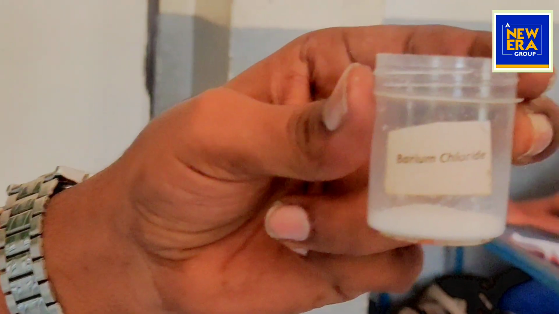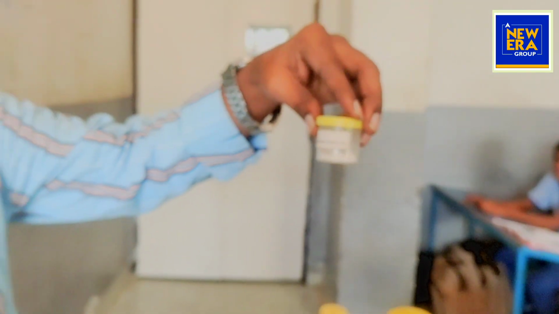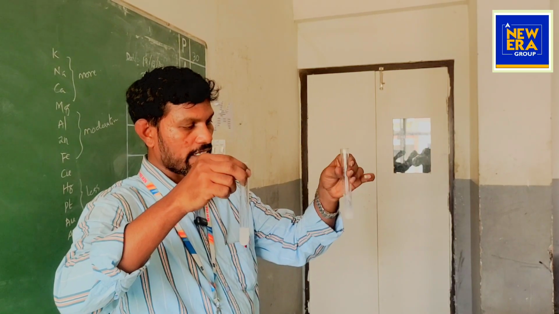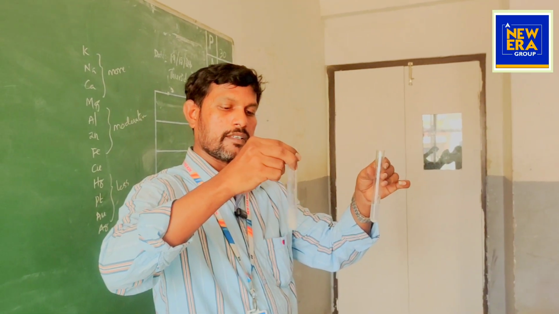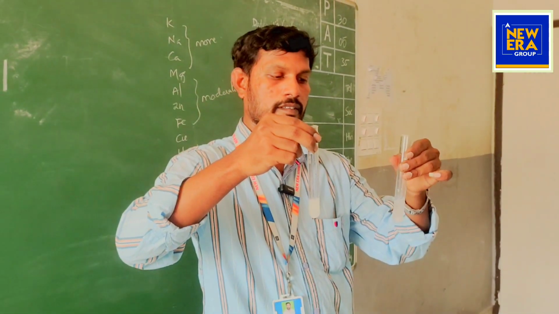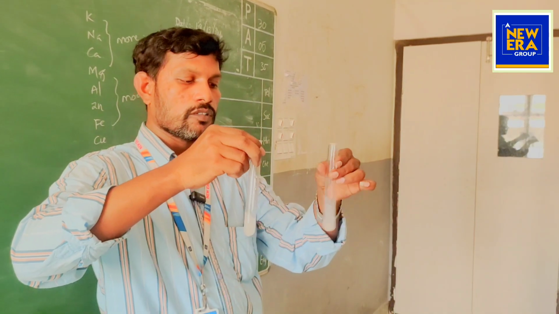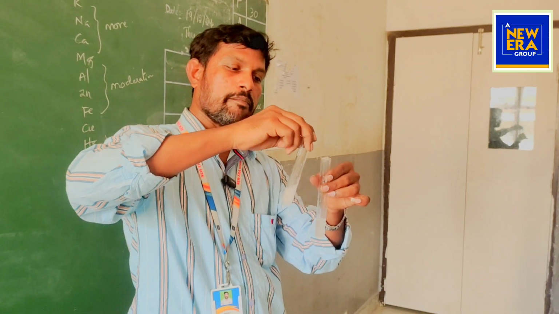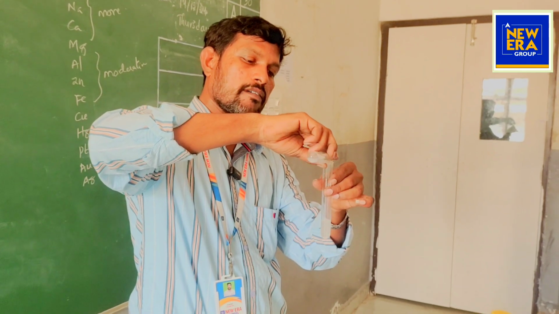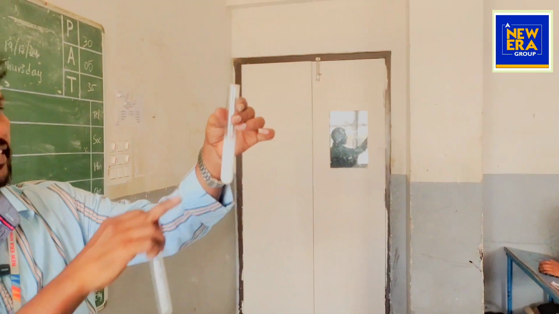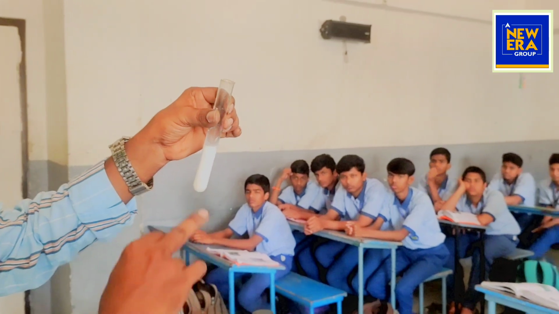Barium chloride and sodium sulfate, the reaction between barium chloride and sodium sulfate. This is barium chloride, this is sodium sulfate. Both are colorless solutions, okay? Now sodium sulfate mixed with barium chloride produces a white precipitate, an insoluble substance.